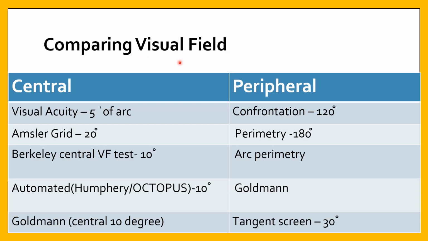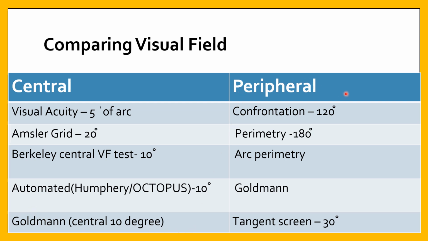Visual field can be classified into central and peripheral. The central visual field can be assessed by visual acuity up to 5 minutes of arc, Amsler grid up to 20 degrees, but here we are only going to discuss the central 10 degrees; Berkeley central visual field up to 10 degrees, automated up to 10 degrees only, Goldmann central 10 degrees only.